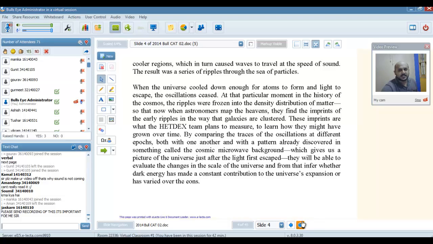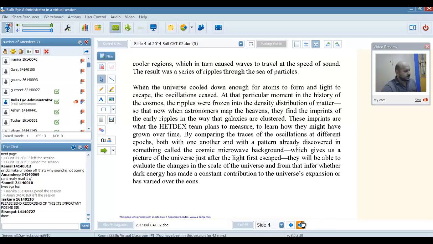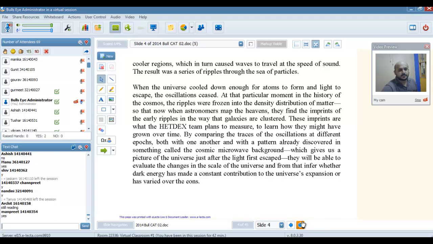Guys, still reading this? Should I shift? Quickly type in yes if I should shift to the next slide. Extra 30 seconds.